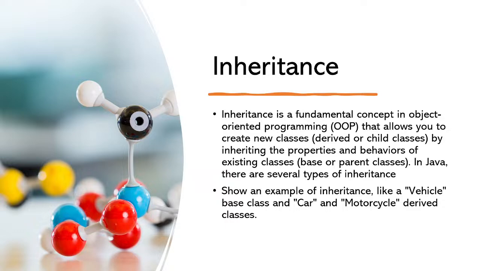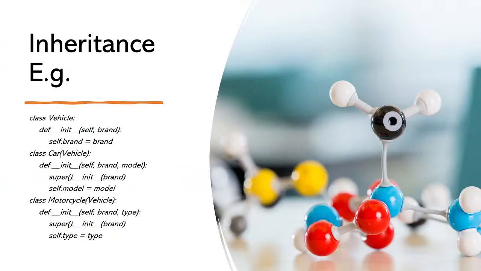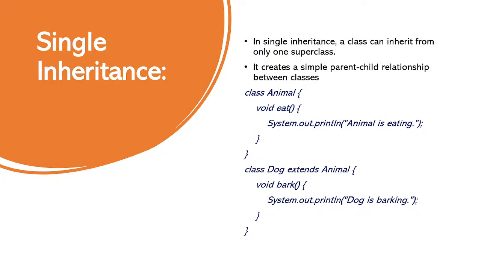That is inheritance. If you take a basic example here, a class Vehicle is there, and class Car, which extends the Vehicle property, and class Motorcycle is also extending it. It is just a simple way of doing it.